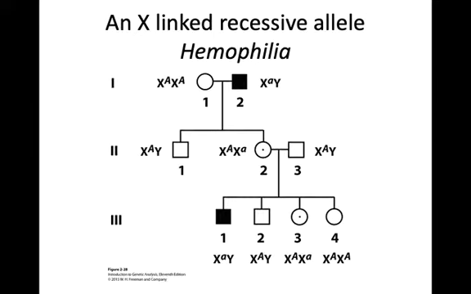Then, with respect to sex linkage, one can also have an X-linked recessive allele, all right? And in this particular case, this individual, this male, is hemizygous, and so has the mutant allele little a here, and this individual would have had children with an individual, a female that's homozygous for the wild type.